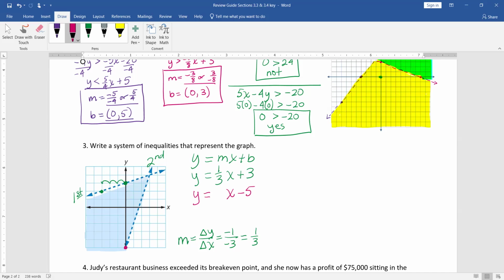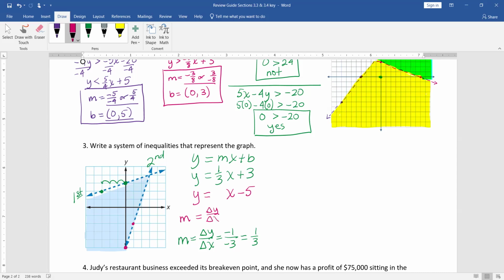And so now I just have to find my slope. From there, I have another nice neat point right here. I'm going to do the same thing with my slope. Let's look at my change in y. My change in y is up 1, 2, 3. I know some of you write smaller than I do, so I apologize.